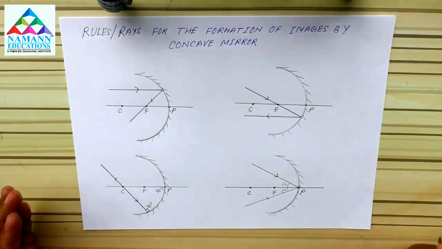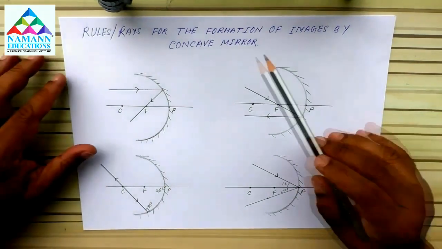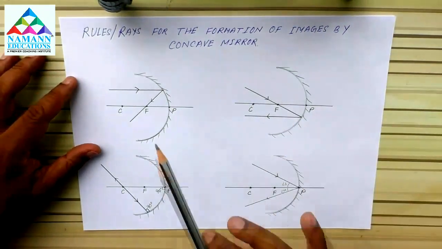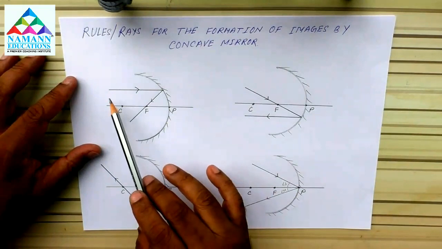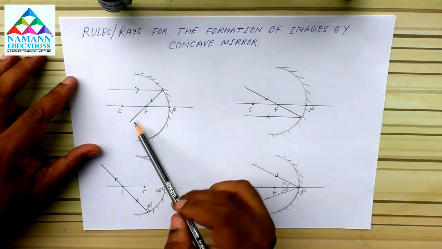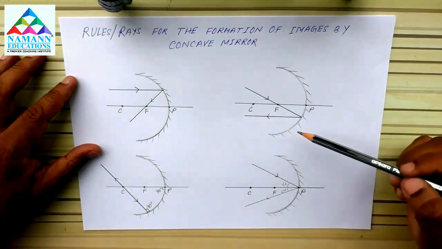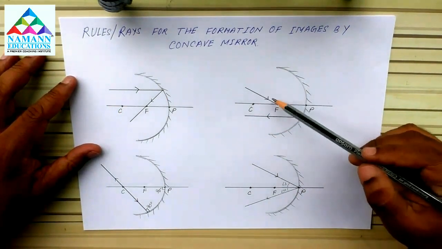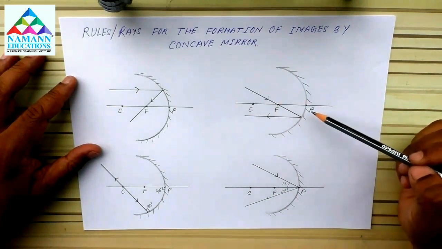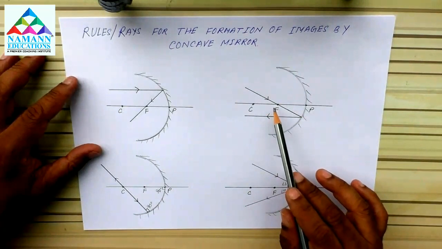So we discussed 4 important rules for formation of images by concave mirror. First one, if a ray of light is incident parallel to the principal axis in case of concave mirror, after reflection the ray of light passes through focus. Second one, if a ray of light is incident after passing through focus on concave mirror, after reflection this light ray will become parallel to the principal axis.